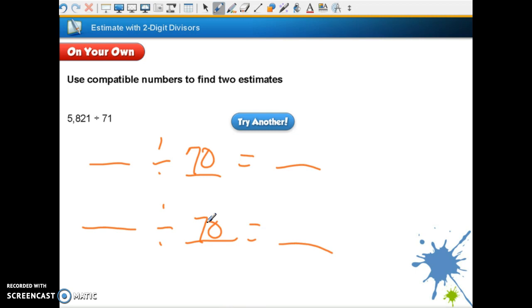So in this case, 56 is a little bit lower, and 63 is the higher estimate. I can cross out these zeros so I know that 7 goes into 56 8 times, and that would be 80. And it goes into 63 9 times. Now get started on your homework.